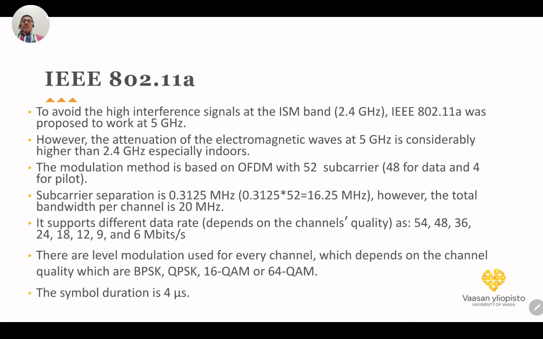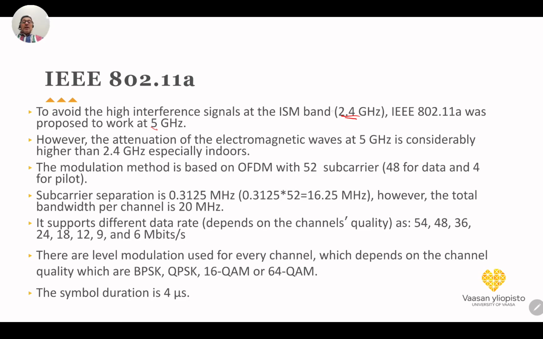If we start with the oldest, 802.11a and b: actually 11a was working at 5 gigahertz, not 2.4, because they wanted to avoid using 2.4 gigahertz, since it was very crowded.